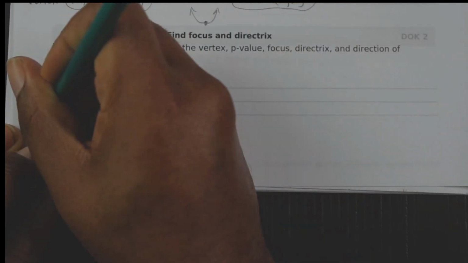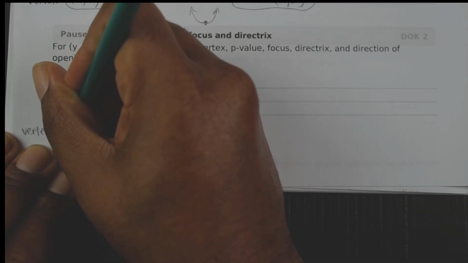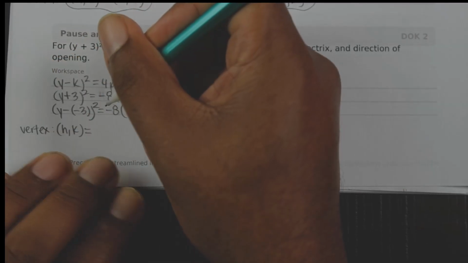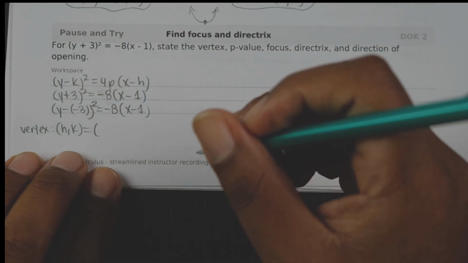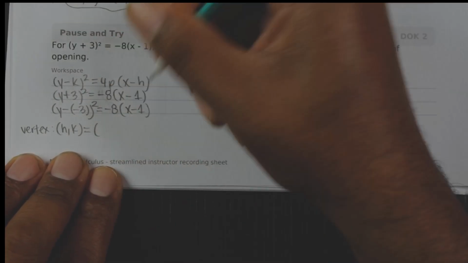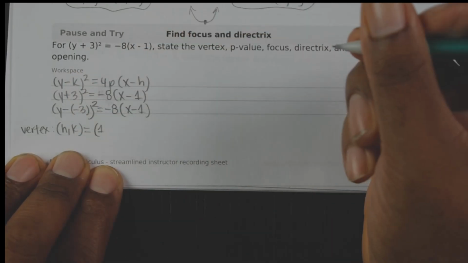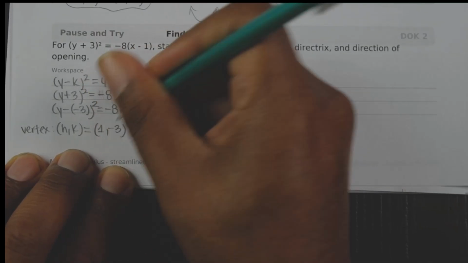So we have our vertex. It's also h, k, which is 1, -3. H would be 1. K would be -3.